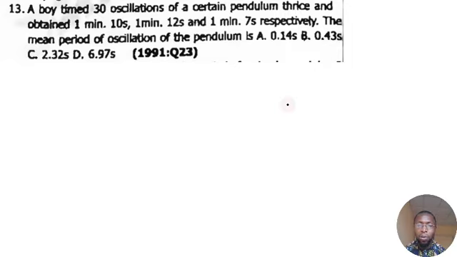The mean period of oscillation of the pendulum is A 0.14 seconds, B 0.43 seconds, C 2.32 seconds, and D 6.97 seconds. Now, a boy timed 30 oscillations. That means the number of oscillations is equal to 30, of a certain pendulum thrice, and obtained the following.